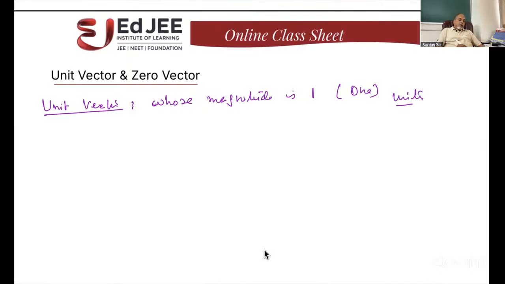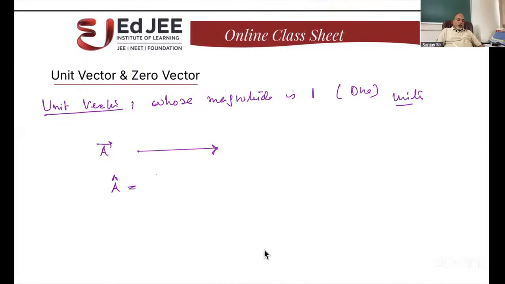Suppose you have a vector A, then the unit vector is denoted like this.